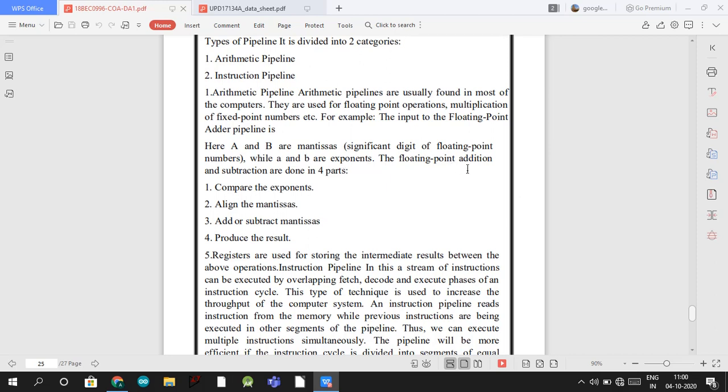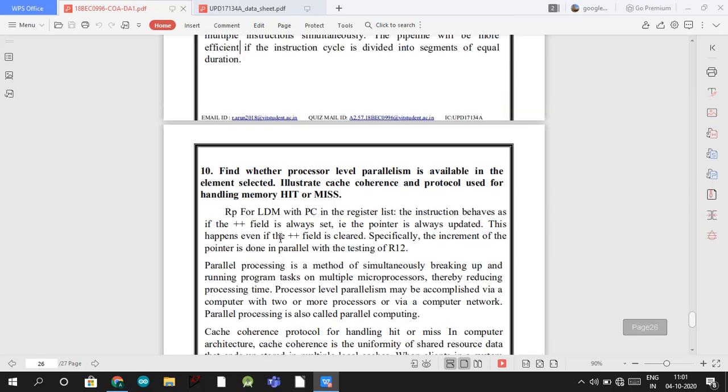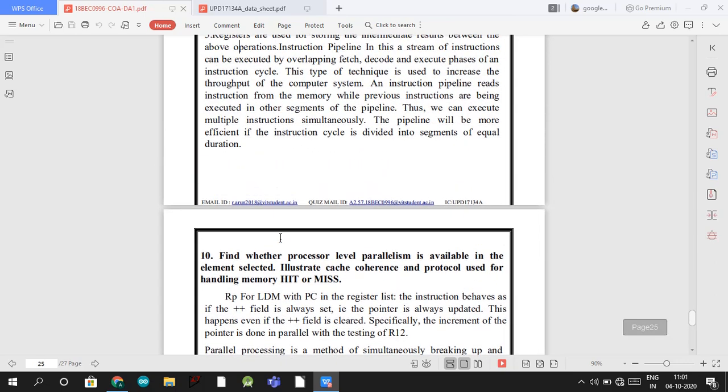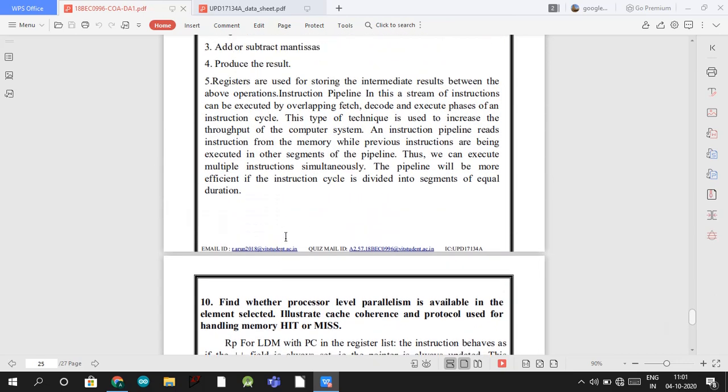The floating point addition and subtraction is done in four parts. One part is to compare the exponents, another is to align the mantissas, another is to add or subtract the mantissas, and then produce the right result, and finally the value is stored in the registers. These are the pipelined instructions used in the UPD17134A.